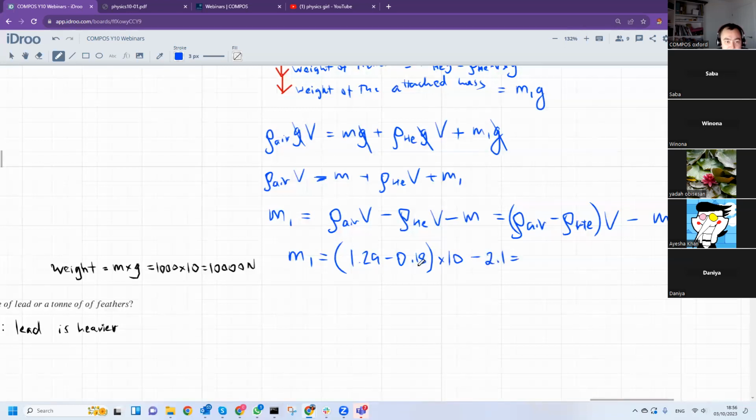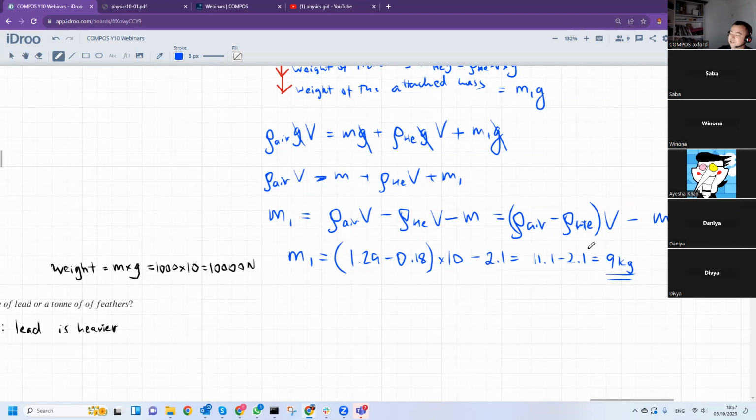So 1.29 minus 0.18 is 1.11, so 11.1 minus 2.1, which is 9 kilograms. So the balloon can lift up to 9 kilograms.